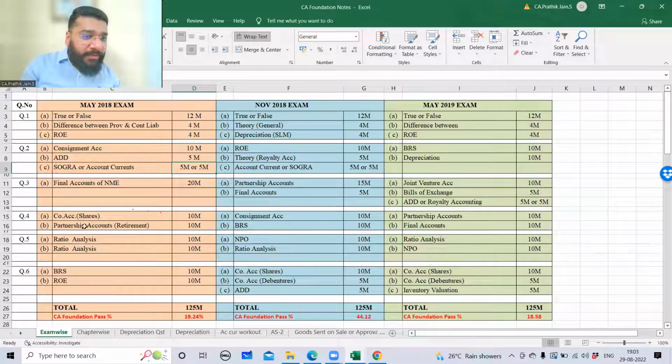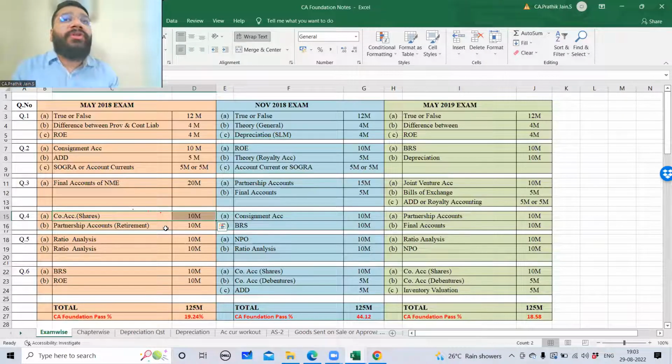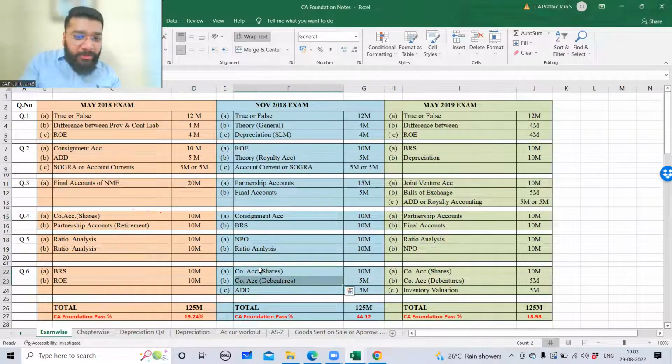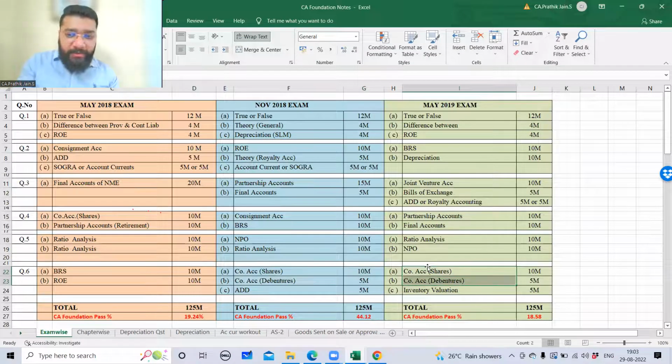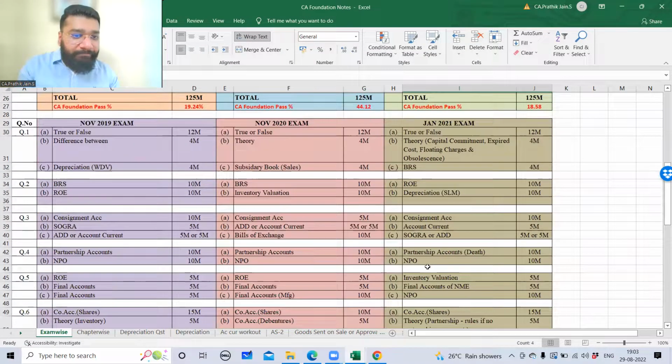May 2018, if you could see here, question number 4, company accounts shares are put in brackets. So it is accounting for issue of share capital for 10 marks. November 2018, if you can see here, company accounts shares 10 marks, company accounts debentures 5 marks. Right? If you see the May 2019 examination, again 10 marks for issue of share capital, 5 marks for debentures.